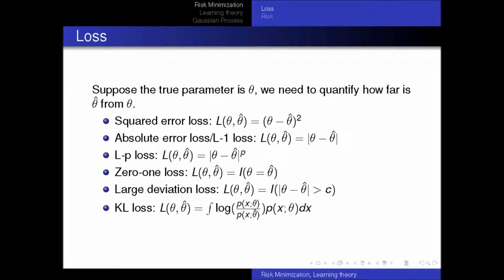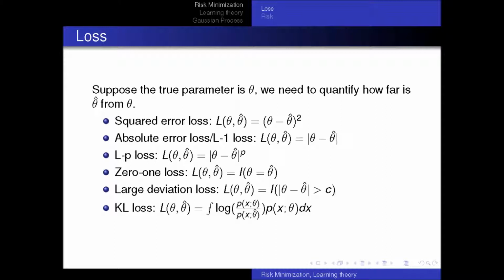For other P's, you can imagine if P equals 3, it's going to be steeper than the first one. And the 0-1 loss: this one is just 0 at the original point, and 1 for all other points.